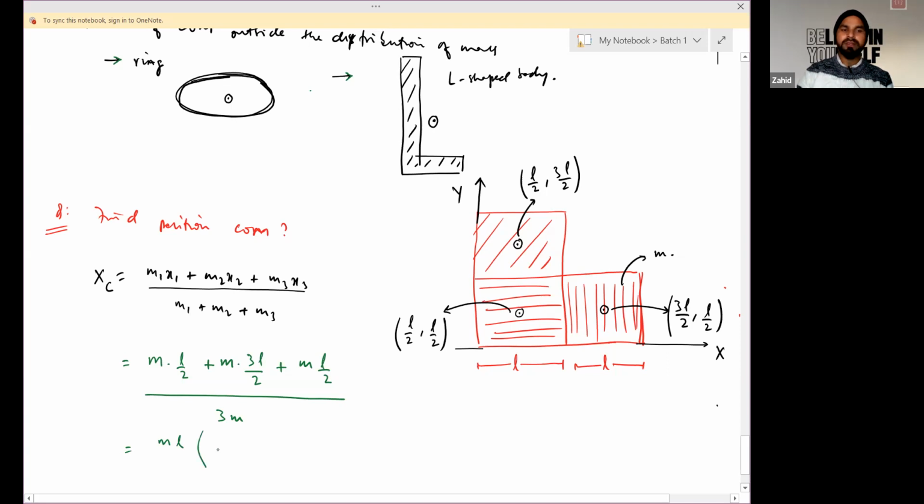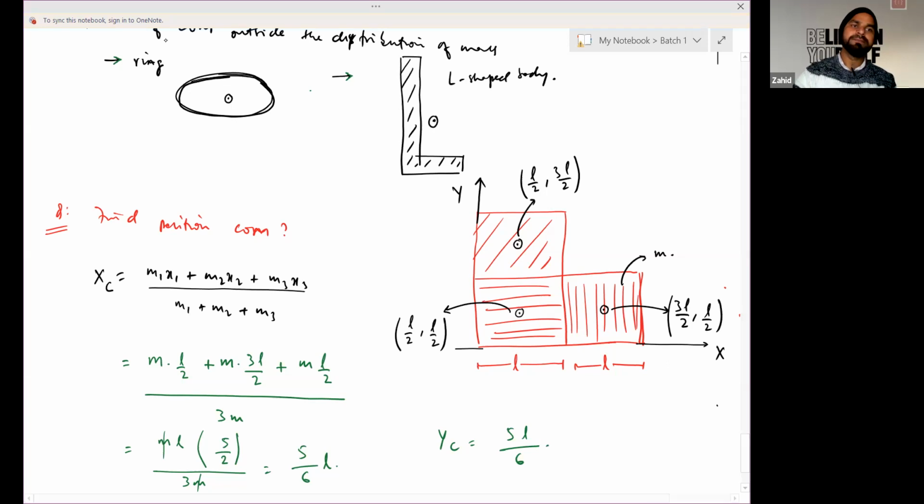So you're left with 1 by 2 plus 3 by 2 plus 1 by 2. On solving, you will get 5 by 2. Divide by 3M. M and M will cancel out. So it will be 5 by 6 times L. Hamza, is it clear? Yes, sir. Similarly, you get YCM as 5L by 6.